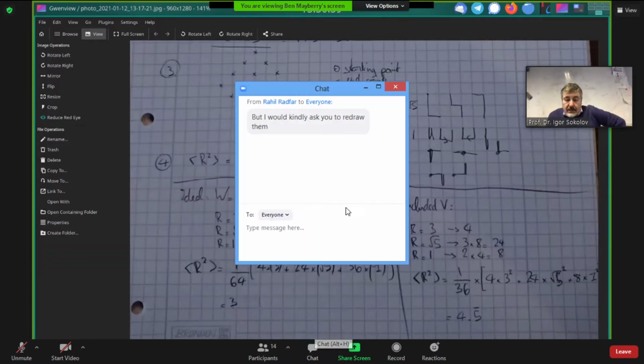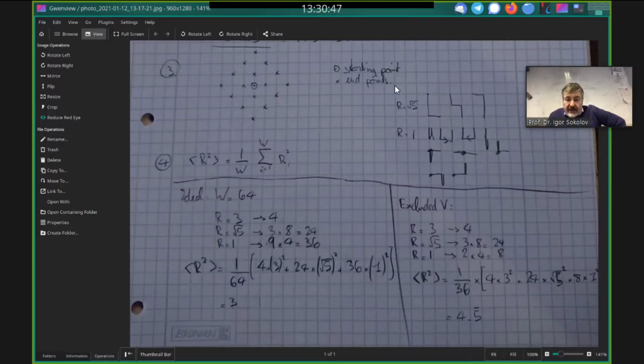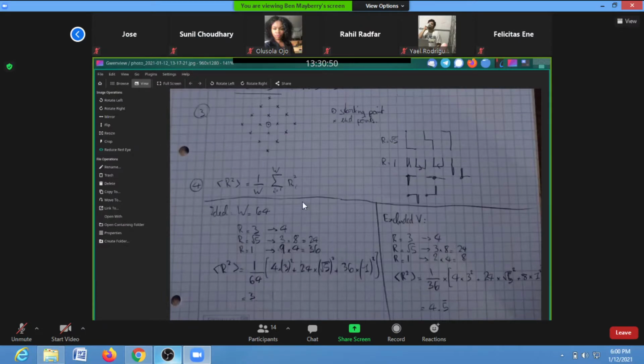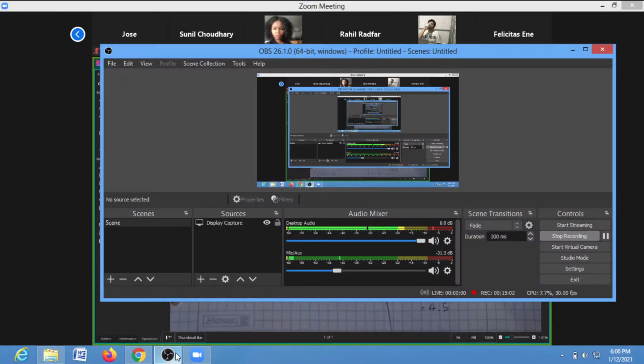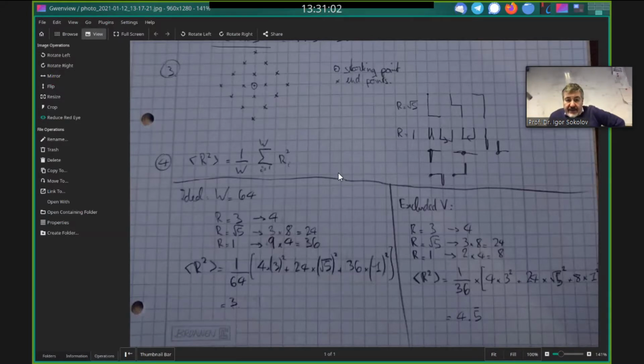Yes, 64, correct. So all of them are here. All the 4 with the length 3 are still there. All the 24 of the length square root of 5 seem to survive.